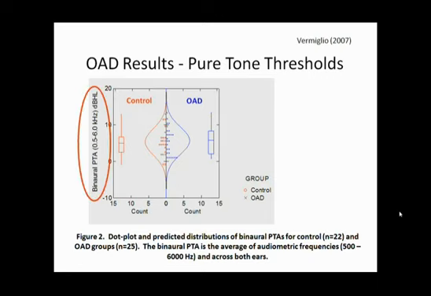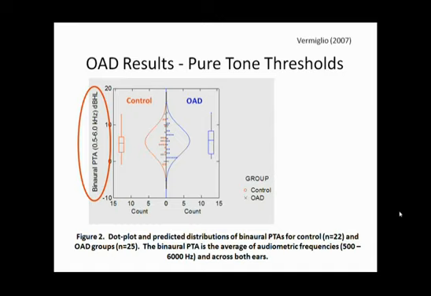Here are our results for the pure tone thresholds. To make the analysis easier, we looked at the binaural pure tone average. So this is one number to represent the average pure tone thresholds from 500 through 6,000 Hertz, and then it's averaged across ears. So one number to represent the pure tone thresholds across both ears.